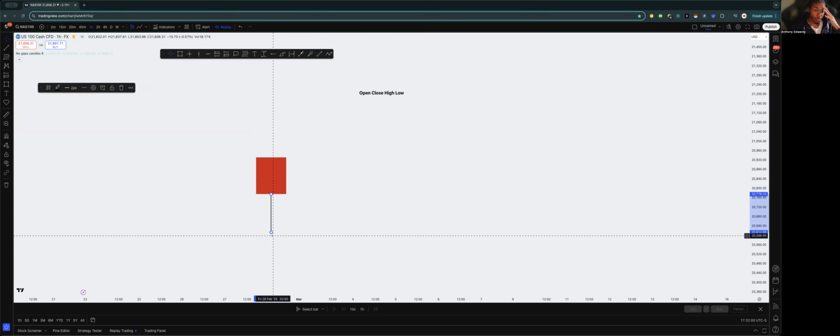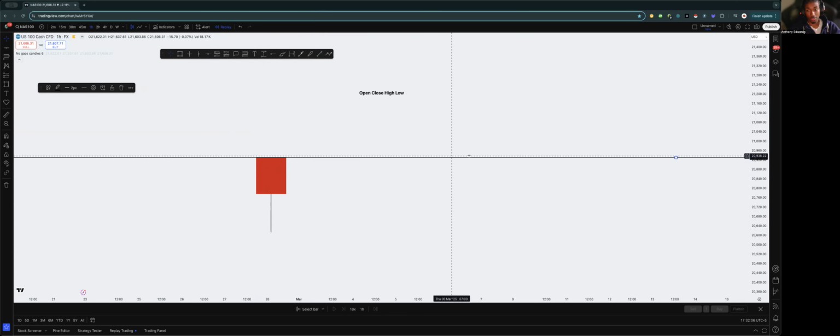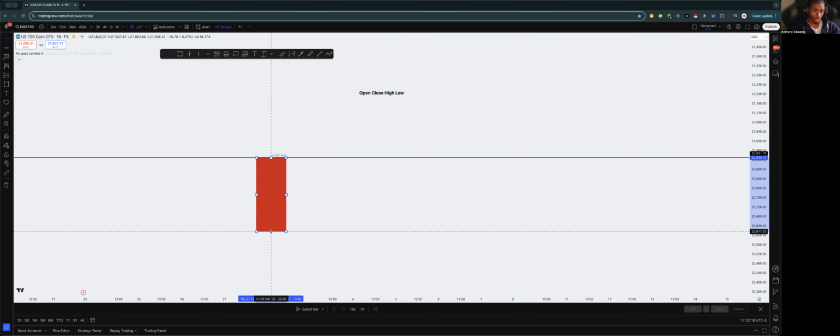So this is the low. The open was up here. 20,931 is the open of the 4-hour candle. It drops low, all the way down here, then it creates the wick.